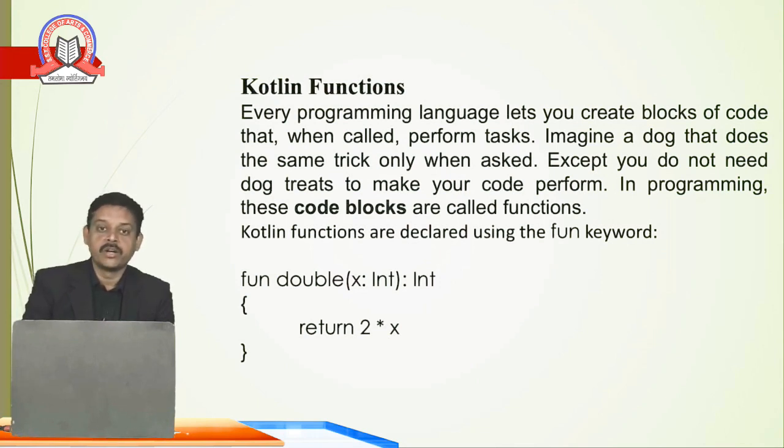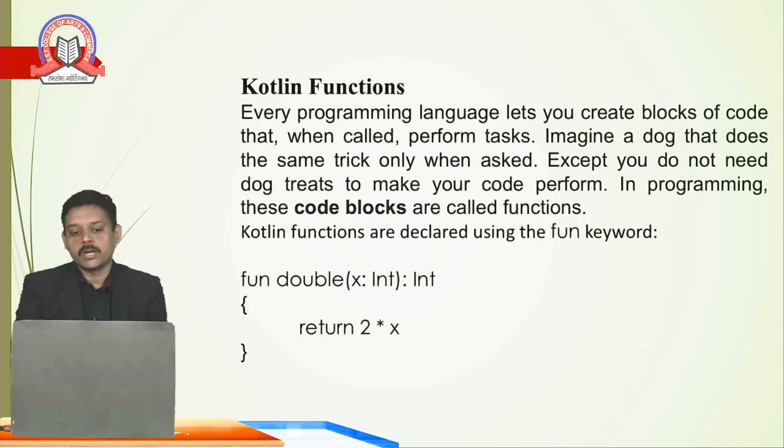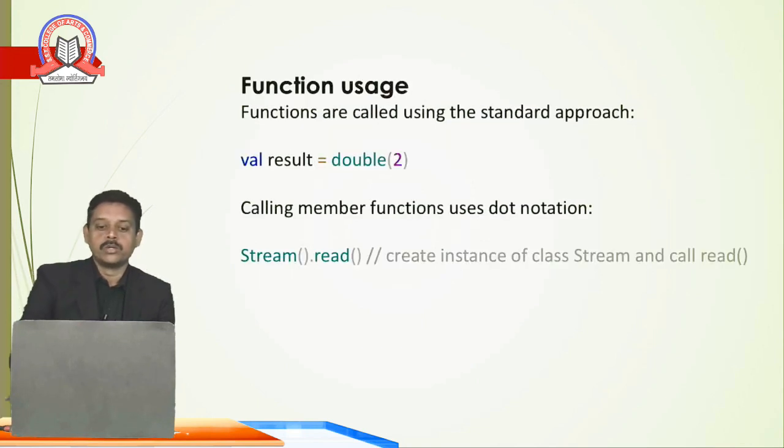That is, it will return 2 into x, where the x value is 2, so 2 into 2 is 4. So this function will return a value 4 to the variable result. So now the value of result will become 4.